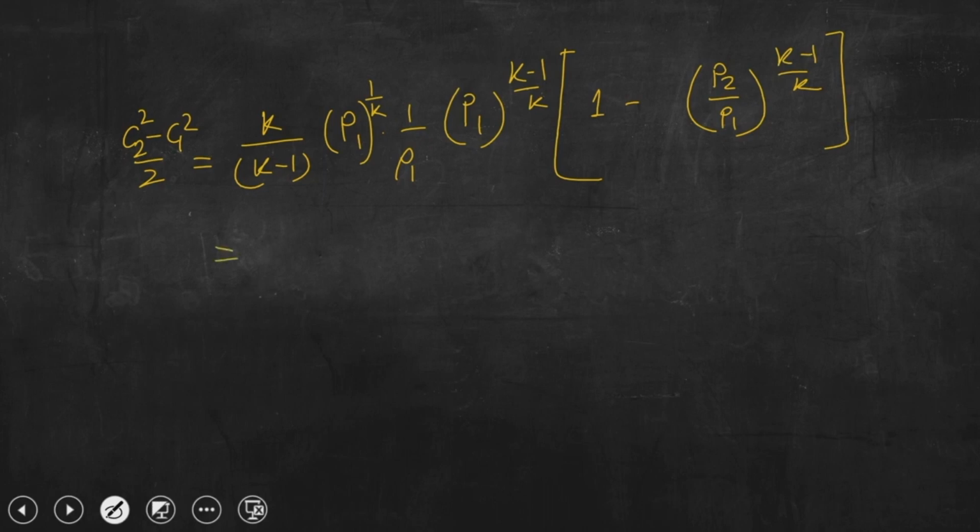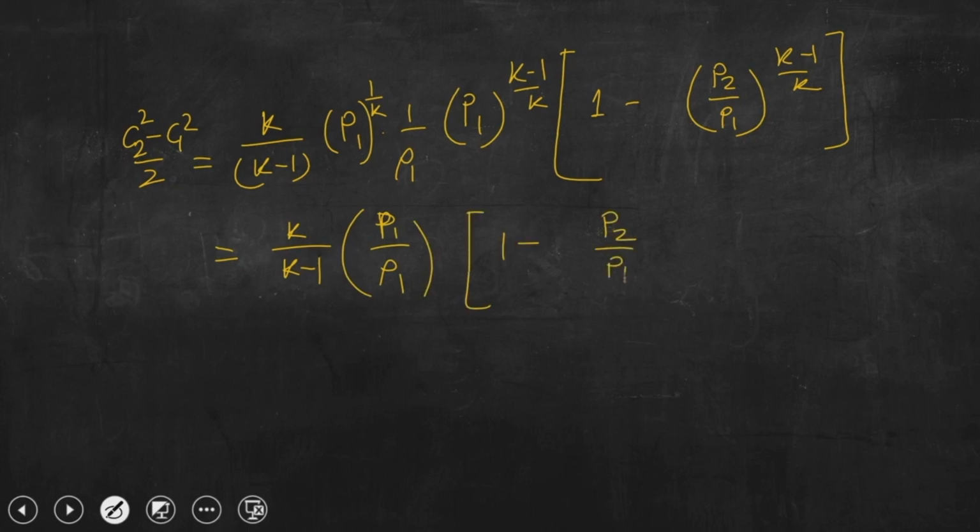Now, we can write k upon k minus 1 into P1 by rho 1, and 1 minus P2 by P1 to the power k minus 1 upon k within bracket. So, this is the final expression of change in velocity of steam as it passes through a convergent nozzle.